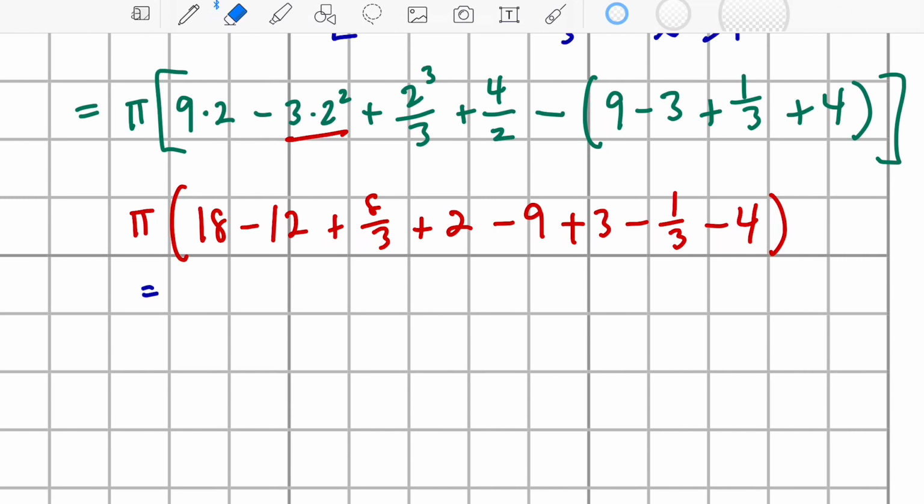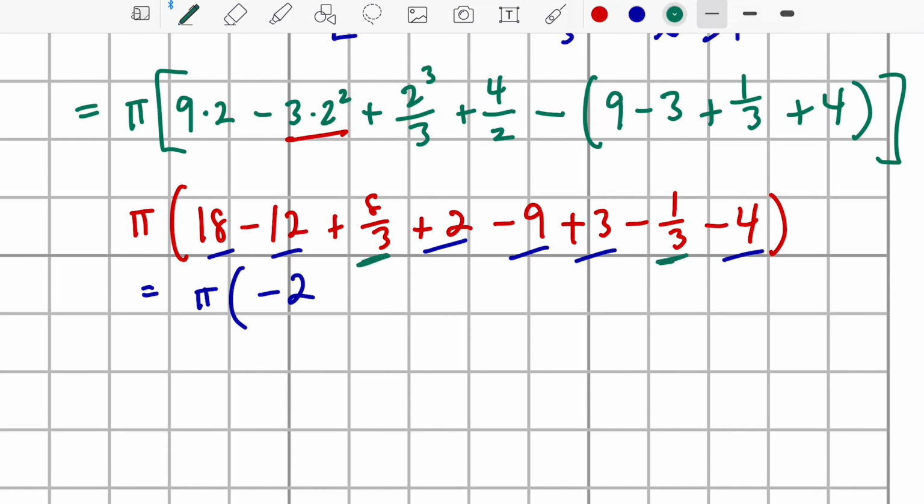Okay, now let's simplify. So if I combine like terms, 18 minus 12 plus 2 minus 9 plus 3 minus 4, that is going to give me negative 2. Now, if we combine 8/3 and a negative 1/3, that will be a positive 7/3.